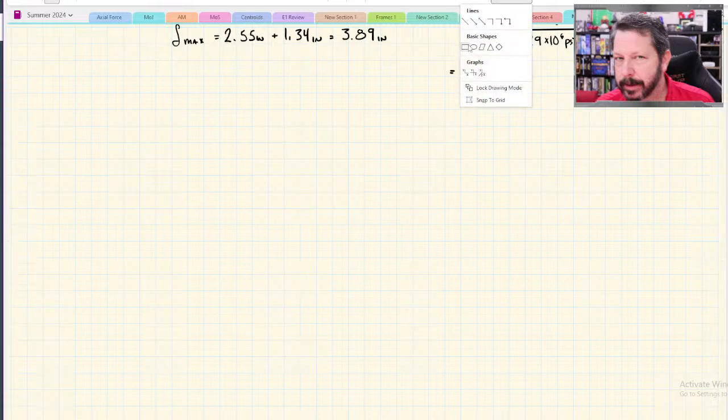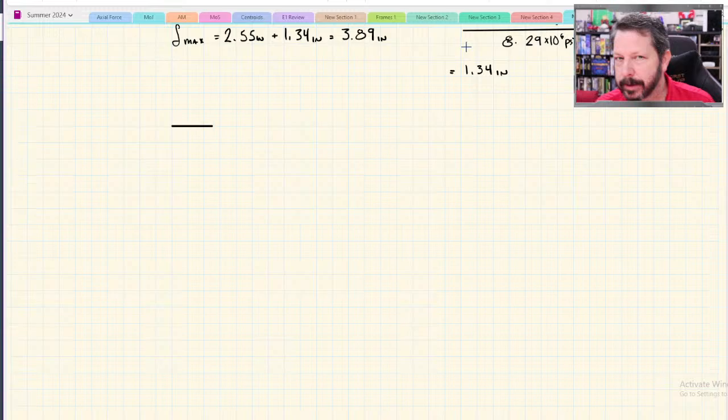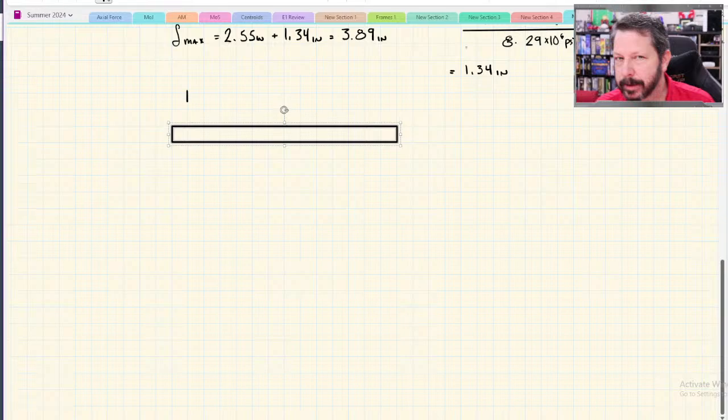Let's say, and I know I'm focusing on cantilever beams, but last time we did a simply supported beam as our example, so we're doing some cantilever beams this time.